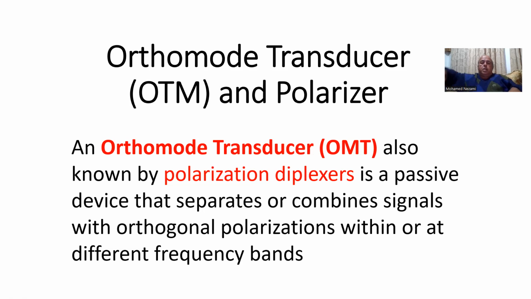One of them is polarization diplexer. It's a passive device that separates or combines signals with orthogonal polarization. Orthogonal means they're 90 degrees apart, which means vertical and horizontal.